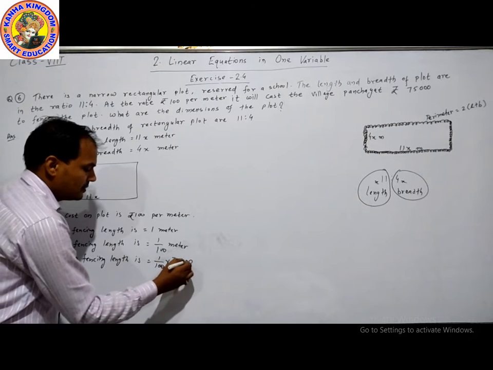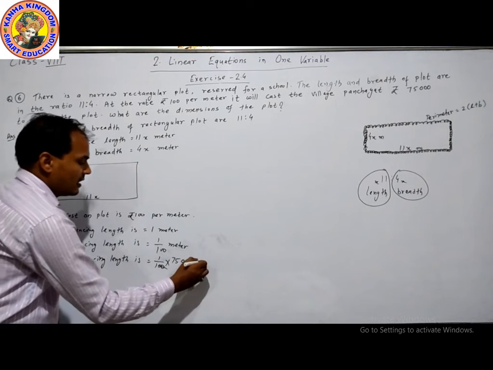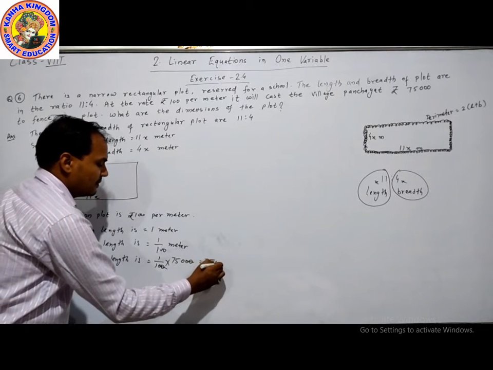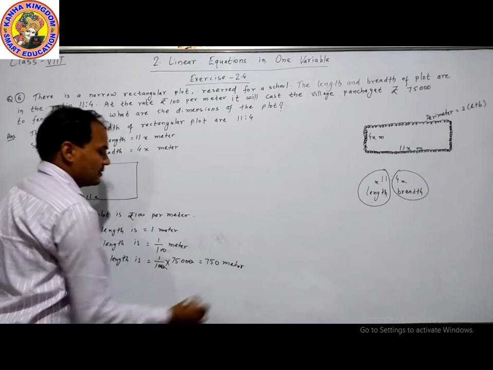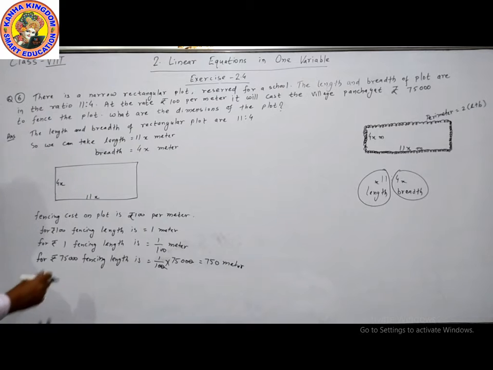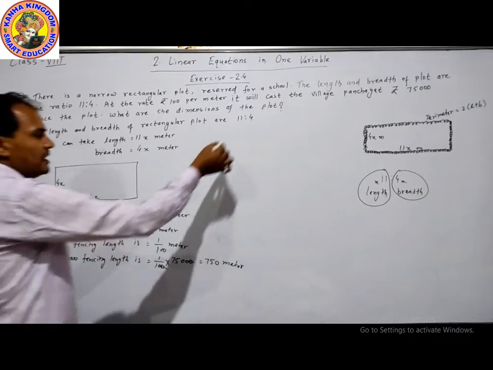We can cut 00 and 00. The answer is 750 meter. This is our fencing length. Total fencing length is 750 meter.